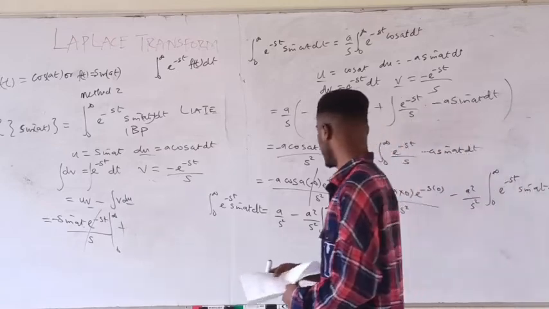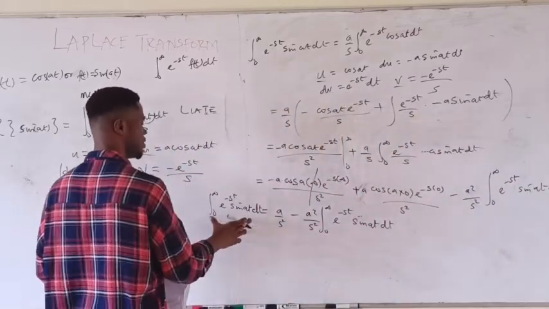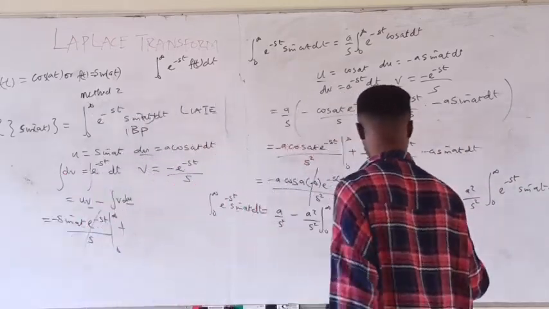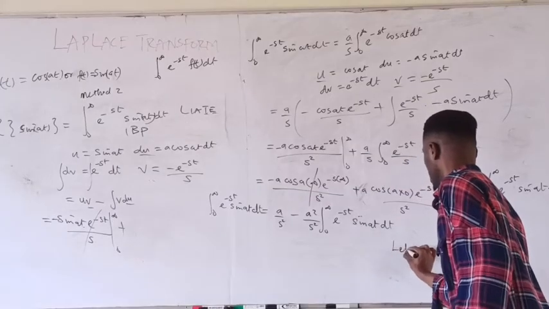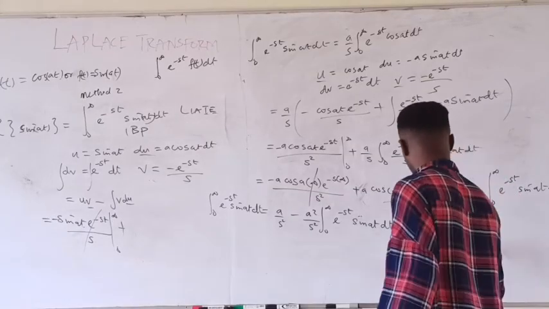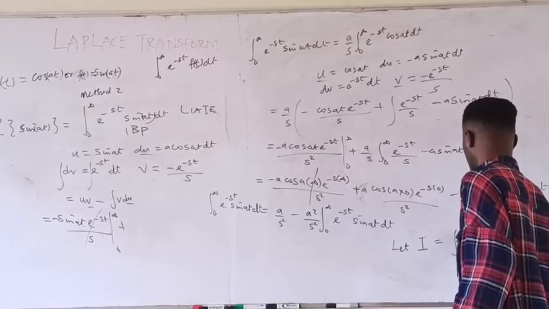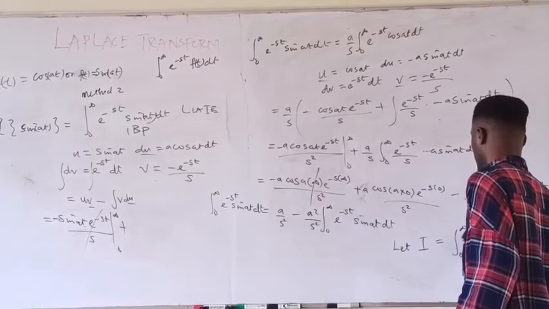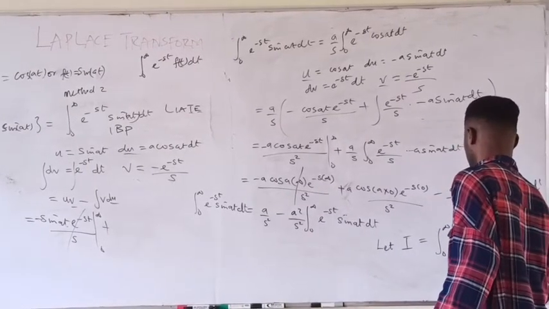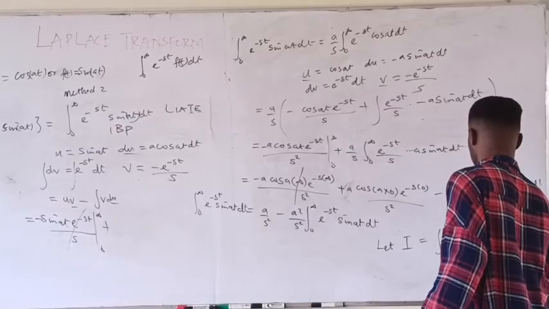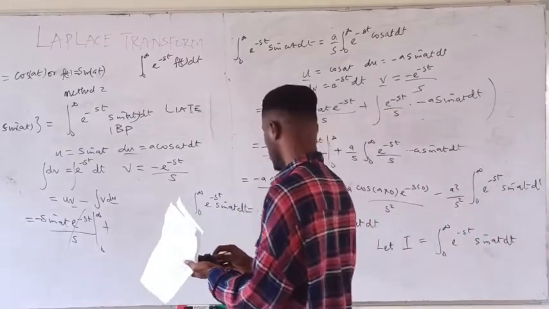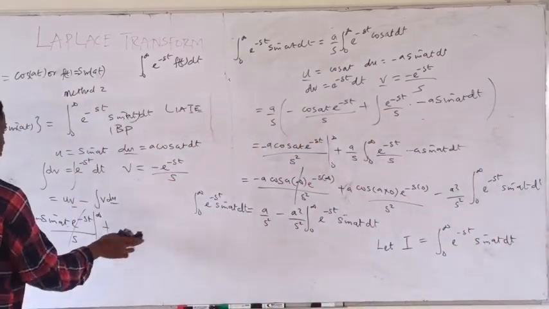So since these are equal, since they are the same, we are going to let I equal the integral from 0 to infinity of exponential of minus st sine at dt. So we are going to do that.